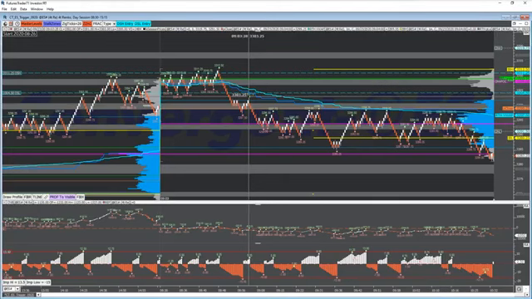Pay attention here, because people tend to want to trade from both sides, no matter what the narrative, no matter what's going on.